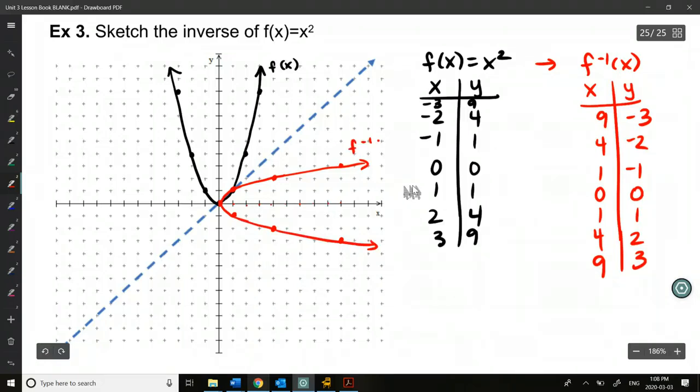Okay, and then we'll label this f inverse of x. Okay, so if you tilt your head to the side a little bit and imagine it getting folded over that line, it should look somewhat symmetrical.